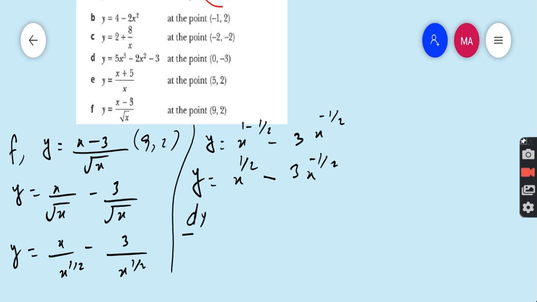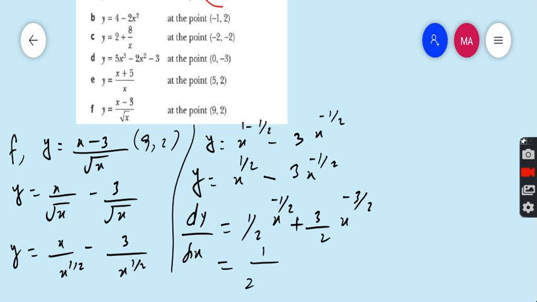Now the derivative dy by dx is equal to 1 upon 2 x to the power 1 upon 2 minus 1, which is minus 1 upon 2. Minus minus plus 3 upon 2 x to the power minus 1 upon 2 minus 1, which is minus 3 upon 2. 1 upon 2, and this x to the power minus 1 upon 2 becomes plus 1 upon 2, plus 3 upon 2, this minus 3 upon 2 becomes plus 3 upon 2.